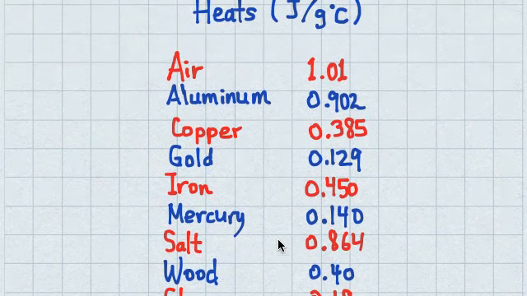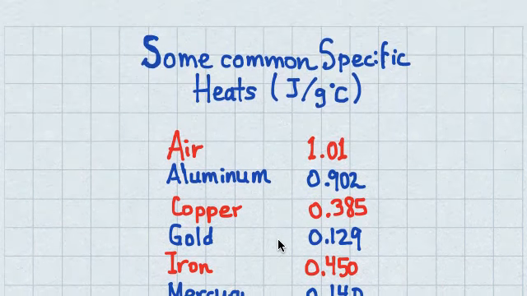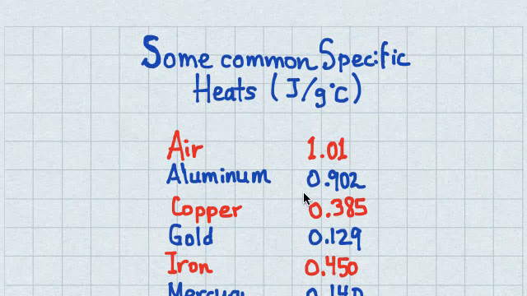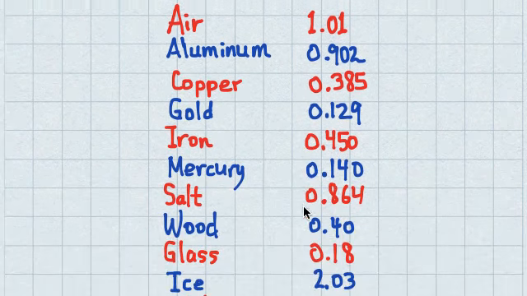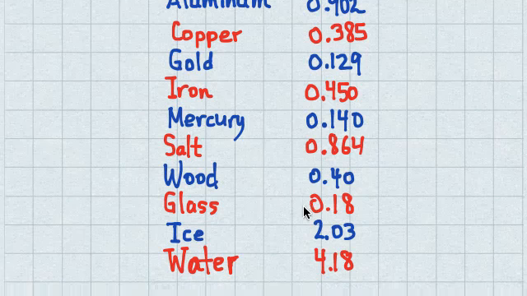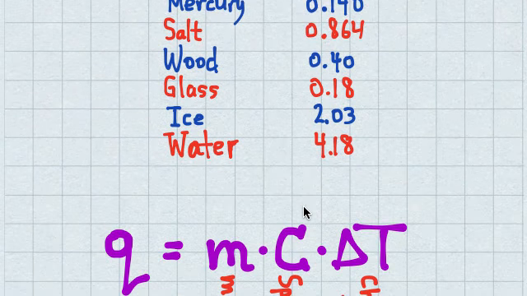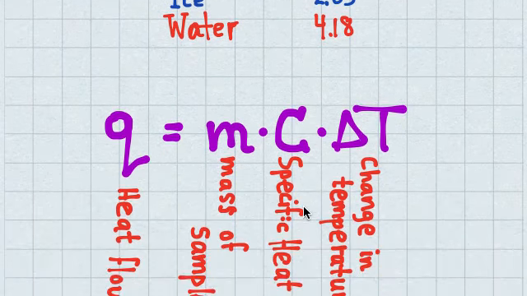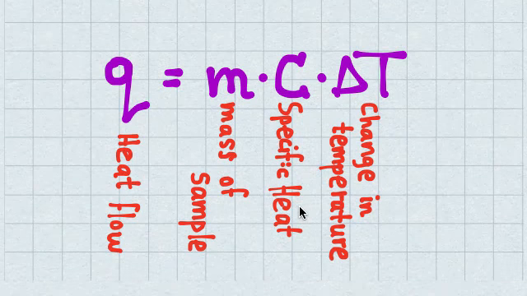These are called specific heats or specific heat capacities. And the larger the number, the slower the substance responds to heating and cooling. We'll use that in my heat equation.